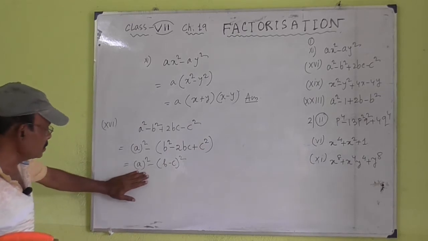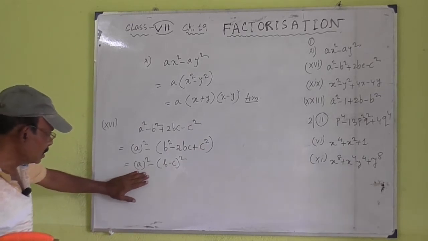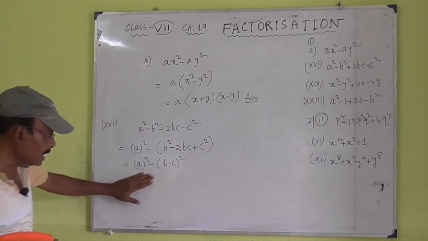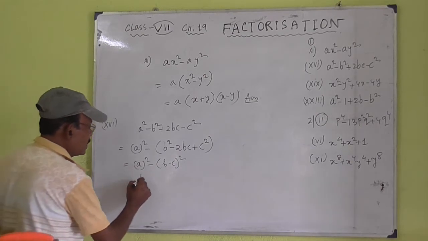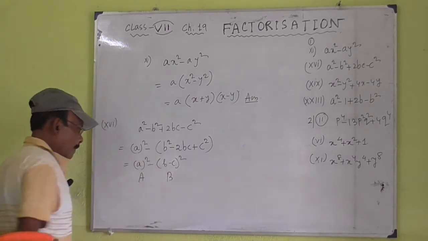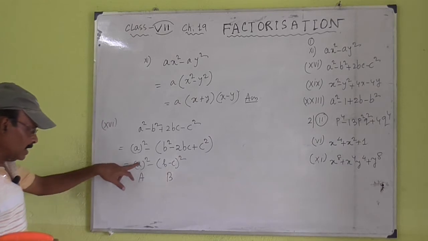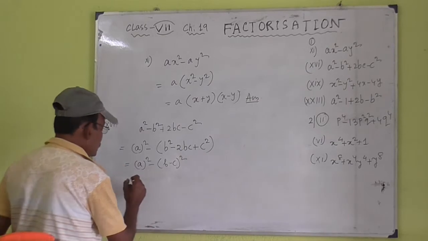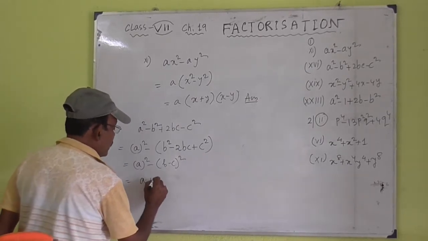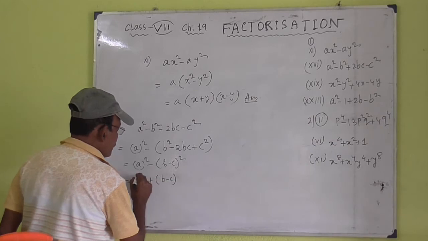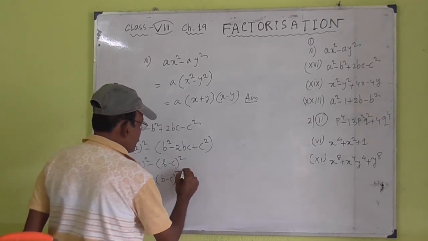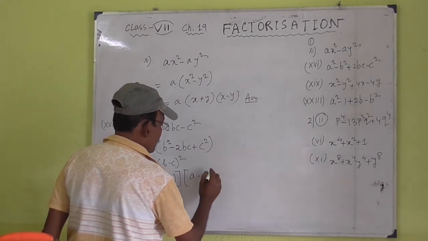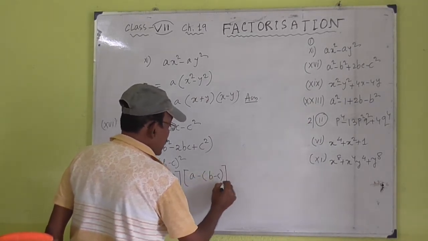So this portion is the difference of two squares, a square minus b square. This form is a square minus b square. Let us take this as a and this as b. So look at this, it is a square minus b square. The formula is a plus b and a minus b.